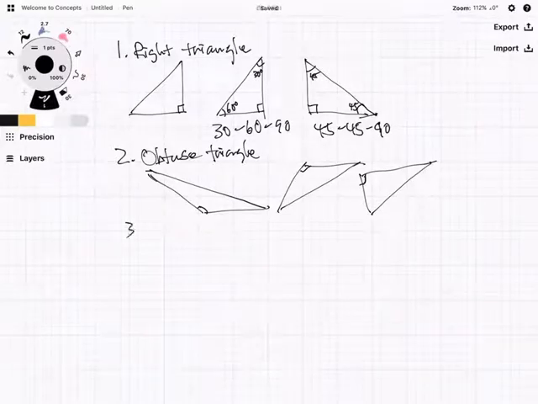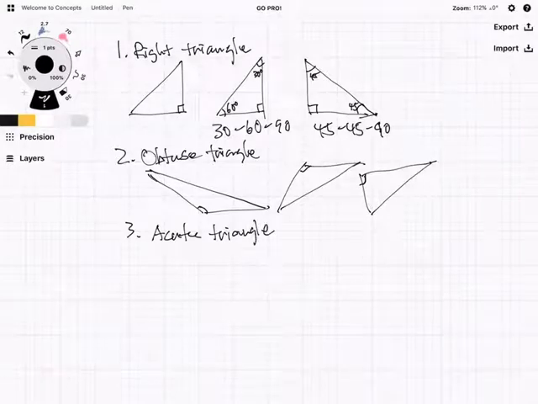Next, we're going to be talking about an acute triangle. One method of remembering the difference between an obtuse and an acute triangle that my old math teacher taught me was that you could see how the word cute is in acute.